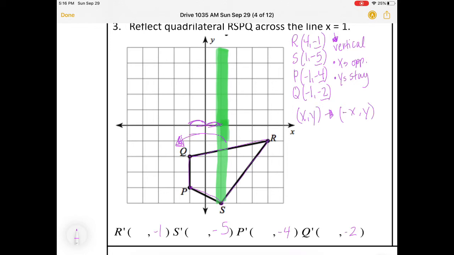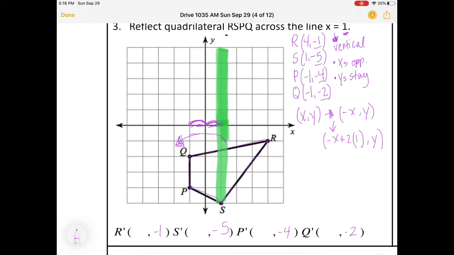But since there's that additional part, it's 1 away from the y-axis, and it's also 2 times that since it's on each side when it's a reflection. So it's actually going to make our mapping diagram negative x plus 2 times how far it is from the y, so 1 space, plus 2 times 1, comma, y staying the same.